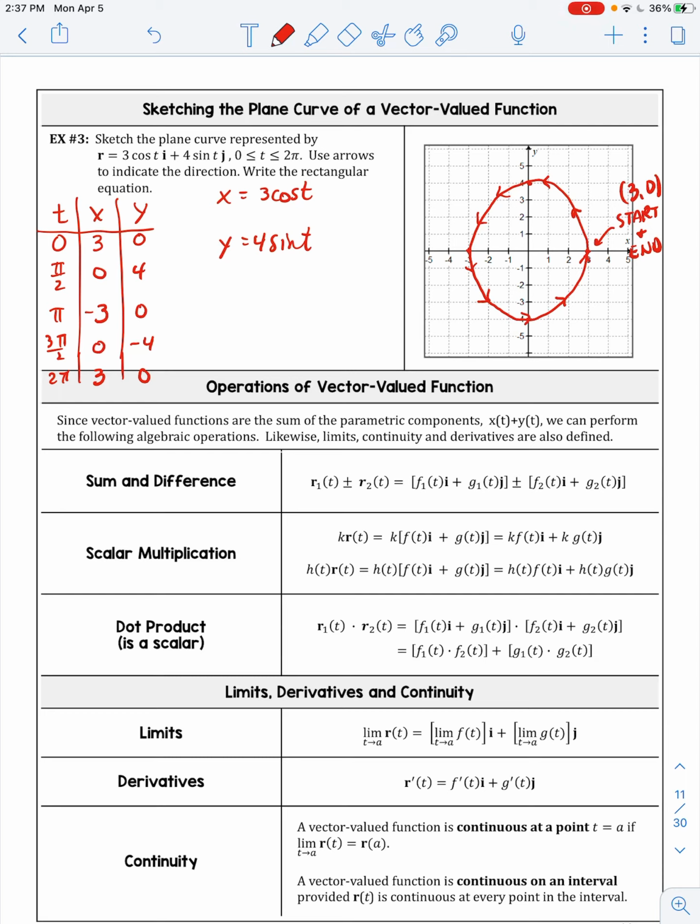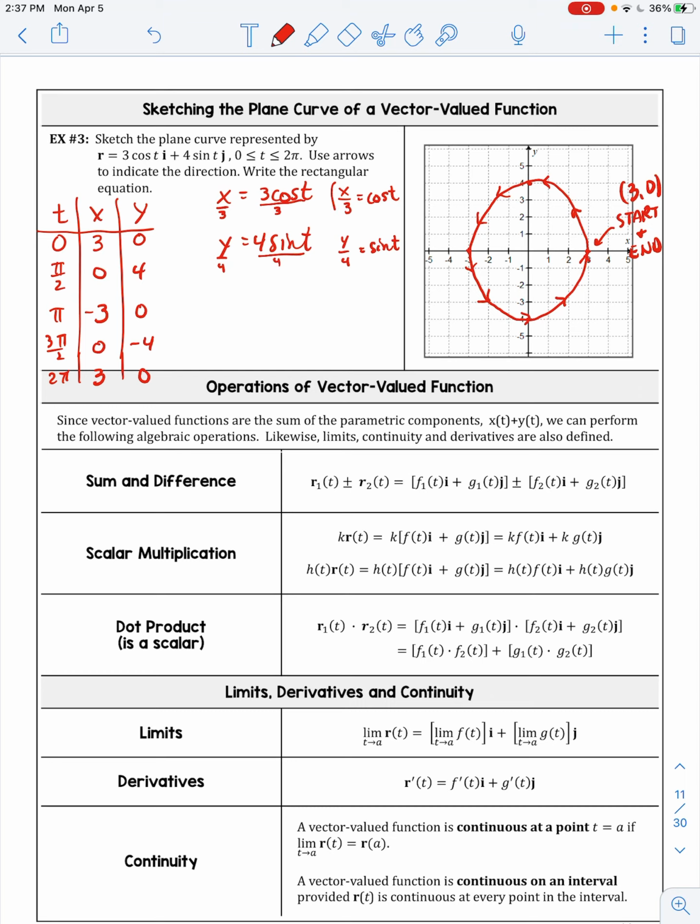And if we were going to write this as a rectangular equation, I would divide by 3, divide by 3. This would give me x over 3 equals cosine t. I would divide by 4, divide by 4. This would give me y over 4 equals sine t.